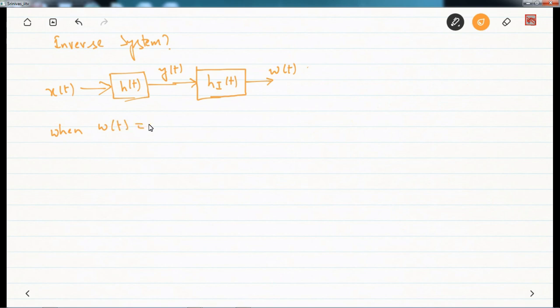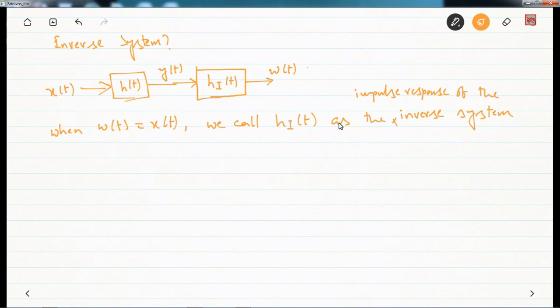So when w of t is equivalent to x of t, we call h I of t the impulse response of the inverse system to the system having its impulse response as h of t.